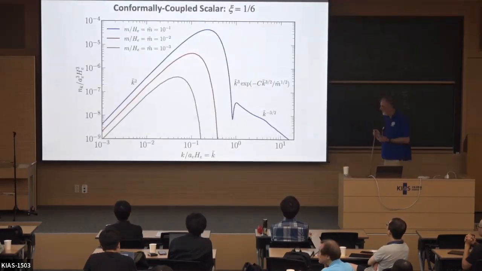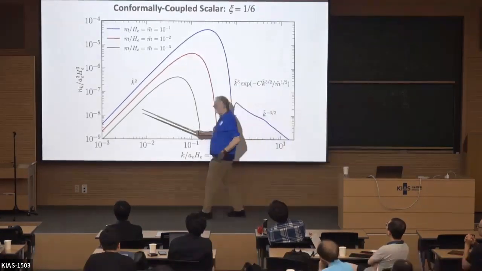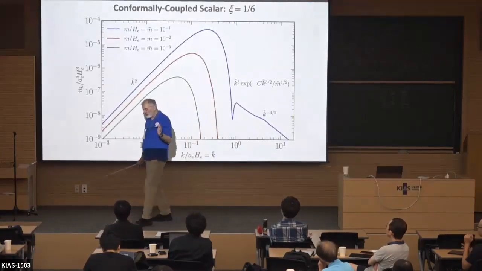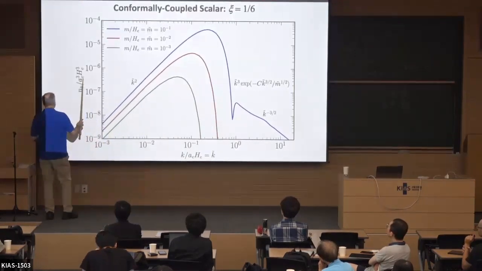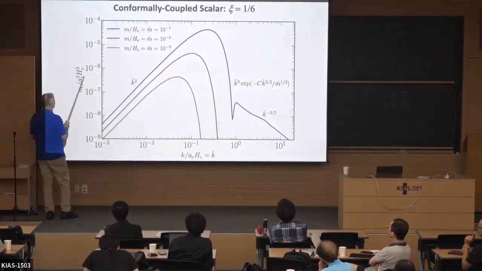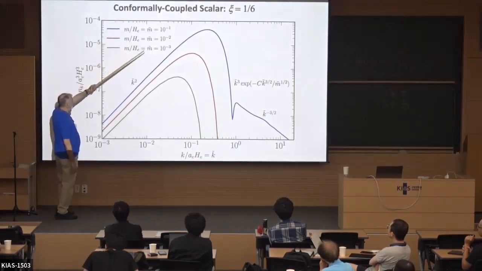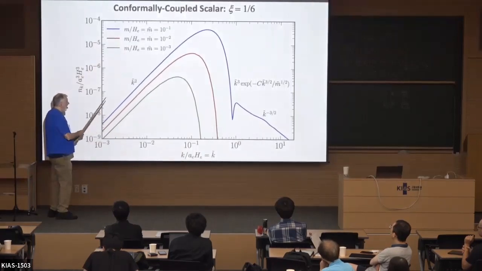I wrote it in Python. This is the number density, the mode density, N sub k. The number density is the integral dk over k times N of k, divided by a_e cubed H_e cubed. And this is what it looks like for a conformally coupled scalar, xi equal to 1/6, with 3 choices of m over H_e.